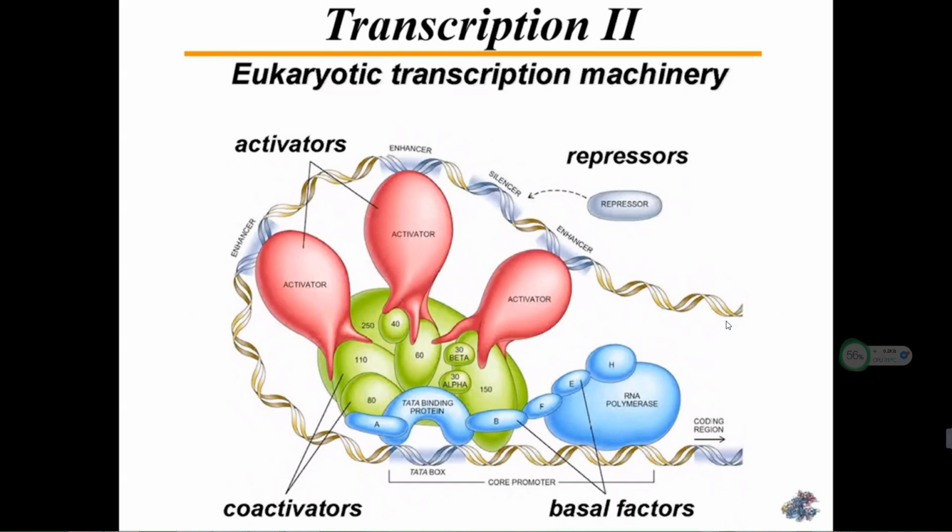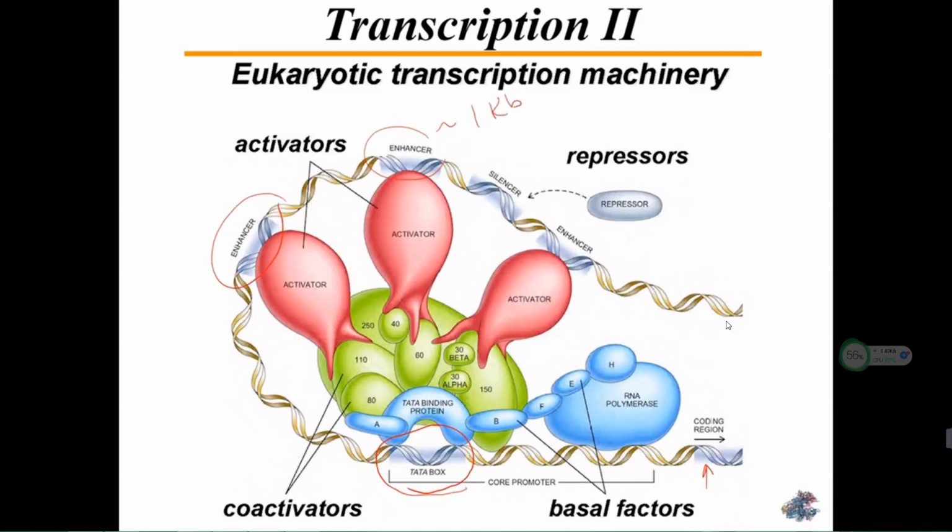And if you remember back to last day's notes, we talked about particular features of the eukaryotic promoter regions, specifically for RNA polymerase II, where we mentioned that usually we'll have a TATA box upstream of the initiation element that forms the core promoter. And then we also had these enhancer regions that were approximately 1 kilobase pair away from the core promoter region.